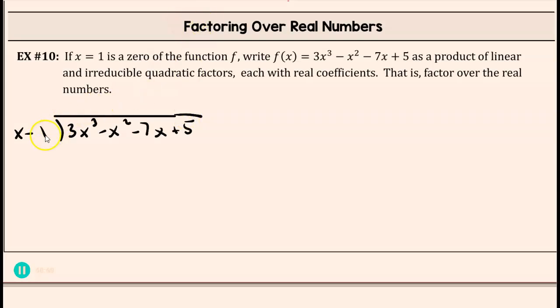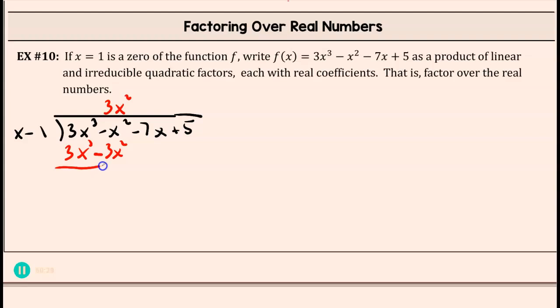All right, so we have to say what times x gives us 3x cubed, right? So we'll get 3x squared. So 3x squared times x gives me this 3x cubed. And 3x squared times negative 1 gives me minus 3x squared.